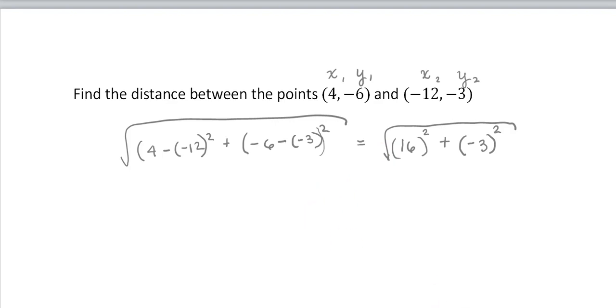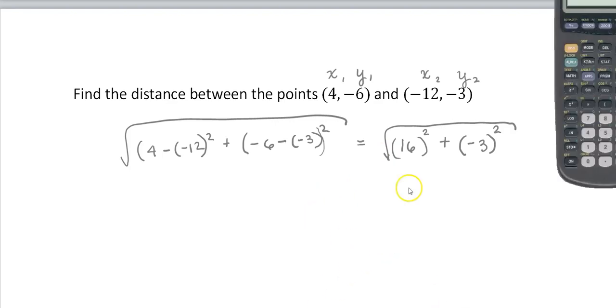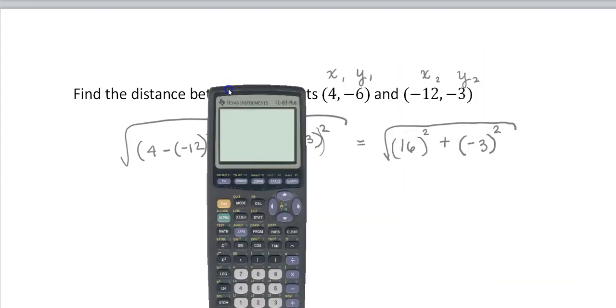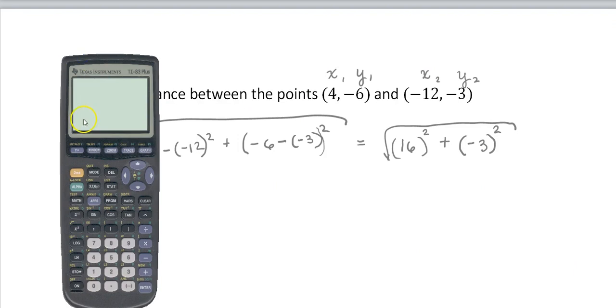I'm going to use my calculator here to do my quick math. 16 squared is going to give me 256.